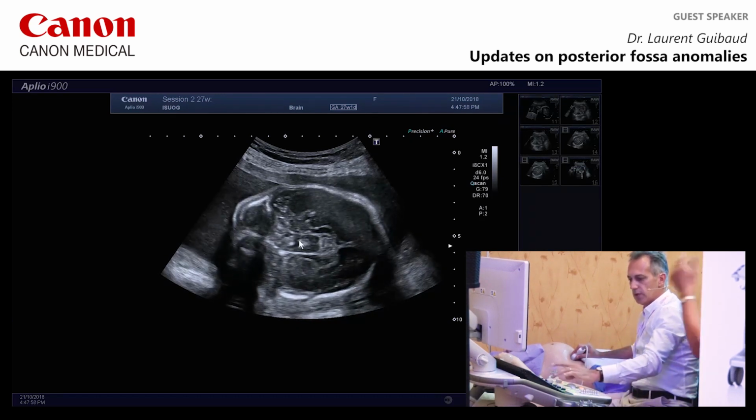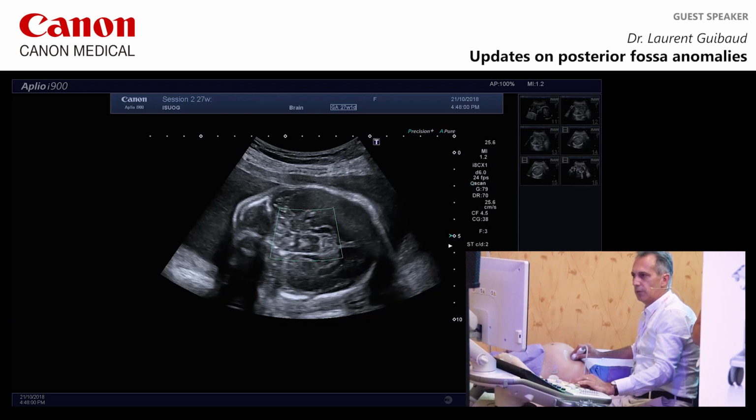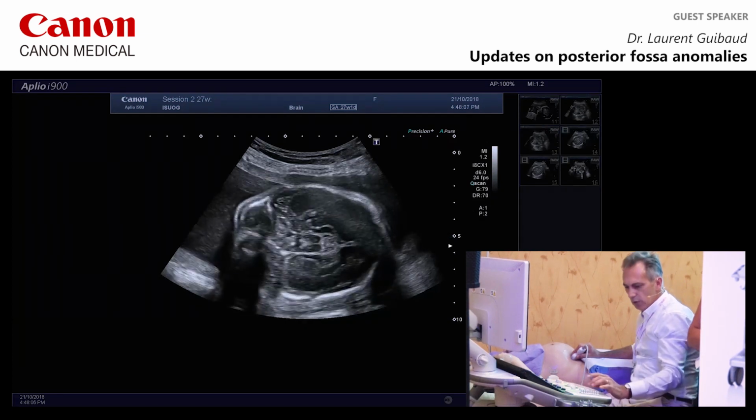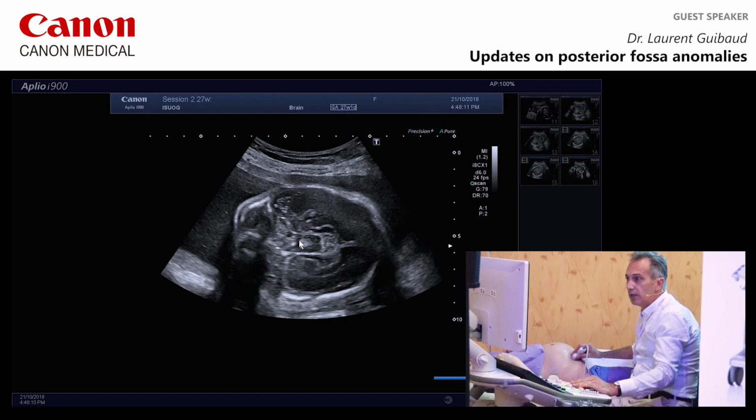If you put the Doppler on the polygon of Willis, and depending on the size of this space, you may see that you have here two bands of tissue, which are the optic nerves, and here is the chiasma, where the two optic nerves join at the optic chiasma.